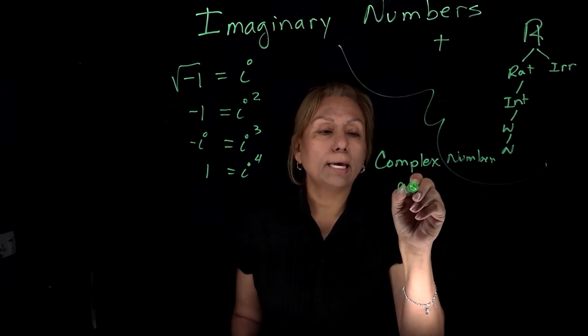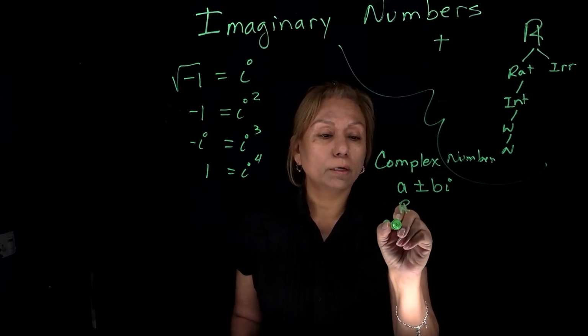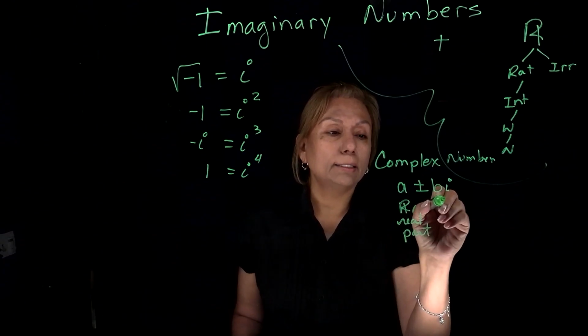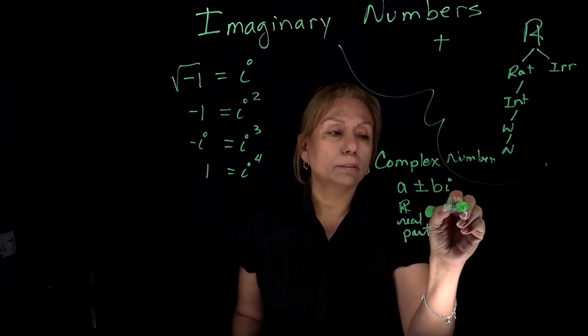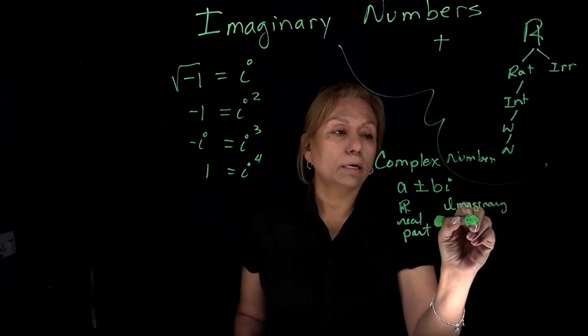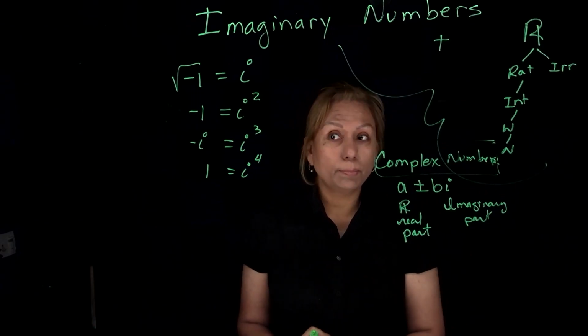We write it as a plus or minus bi. The a is the real part, and the bi is the imaginary part. So together we call it a complex number, a plus or minus bi.